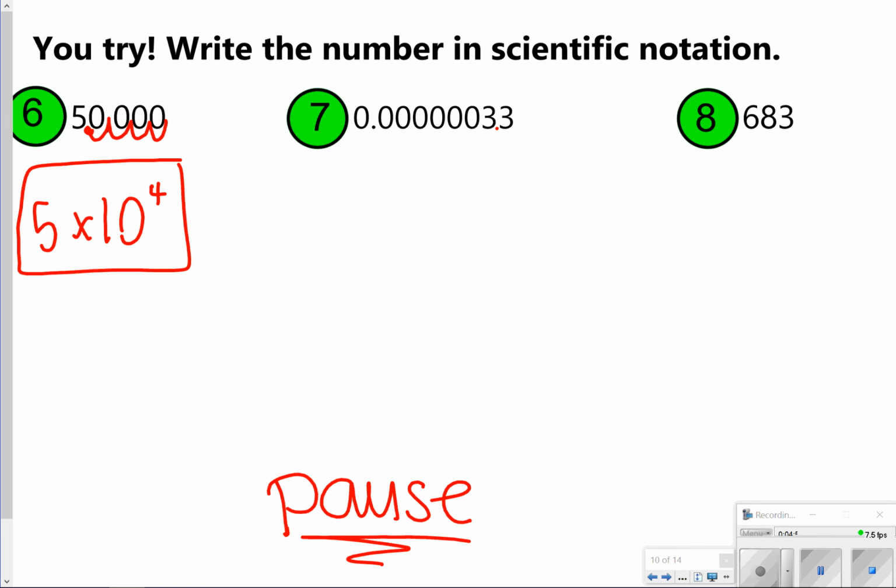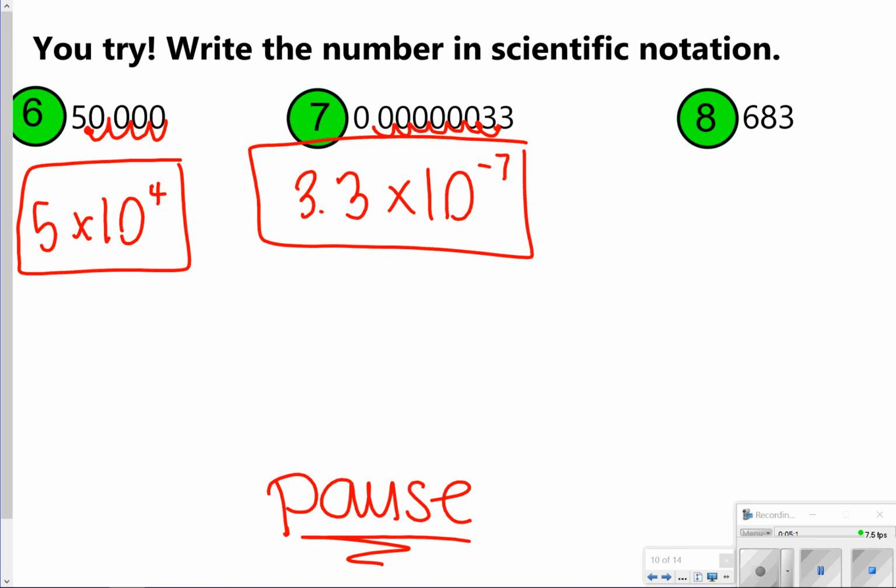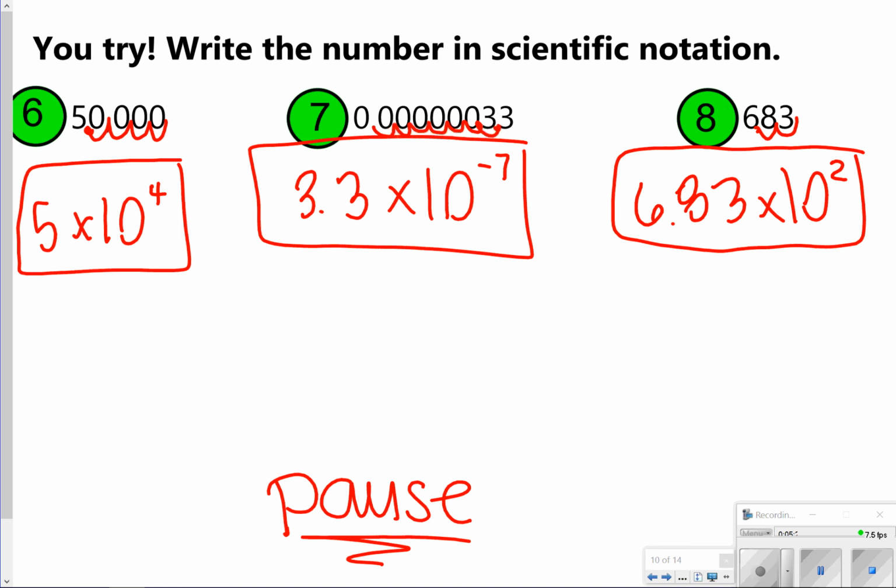For number 7, my decimal will be 3.3, and my exponent will be a negative number because I'm moving it to the left. 1, 2, 3, 4, 5, 6, 7. So negative 7 would be my exponent. And then number 8, my decimal is 6.83, and my exponent is 1, 2, so 10 to the second power. How'd you do?